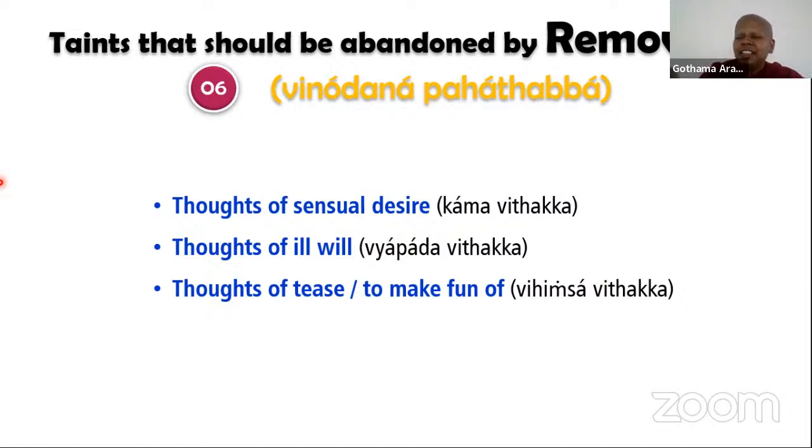Sometimes do you tease your friends? You enjoy teasing, but that person doesn't like that. Sometimes when that person is going to sit down, you go behind and just remove the chair. Don't you do those things? A friend is going to sit, you go behind and pull the chair so that he will fall down and you laugh.